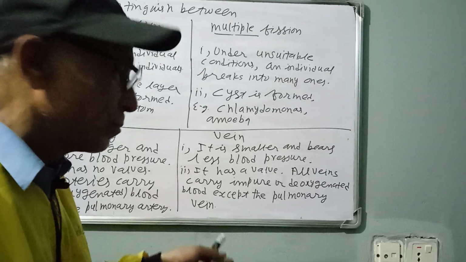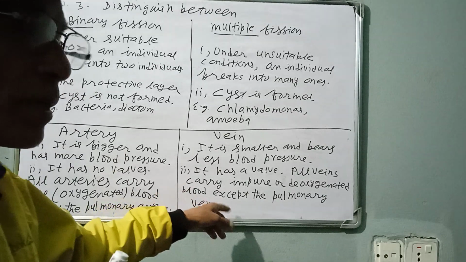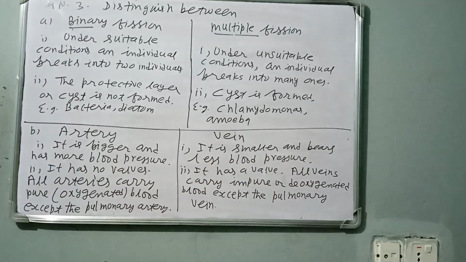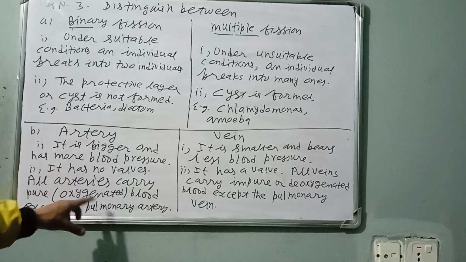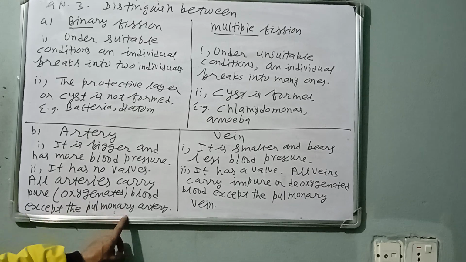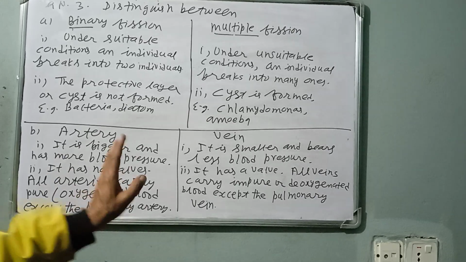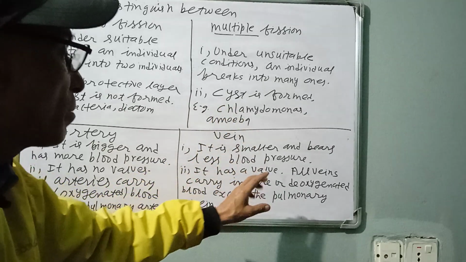From the lungs, then left auricle, left ventricle, then aorta. So one more point: artery, no valve, carries pure blood, but the pulmonary artery carries impure blood. Vein: smaller, less blood pressure, it has valves.